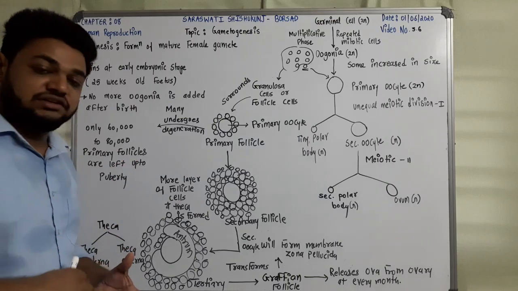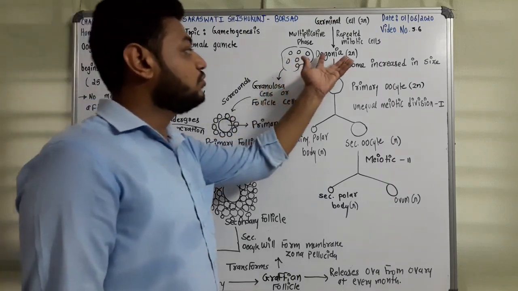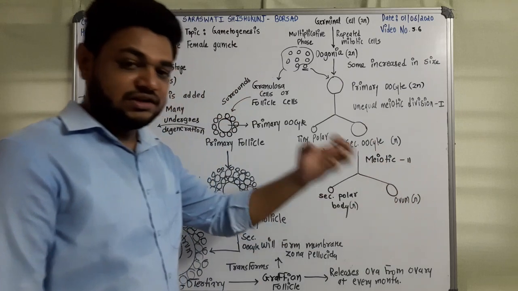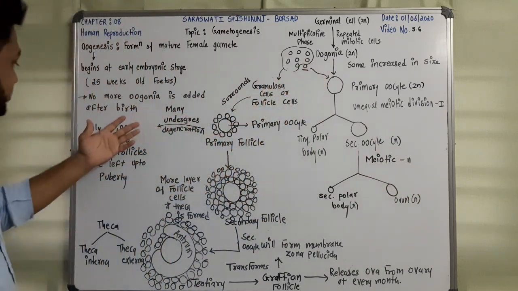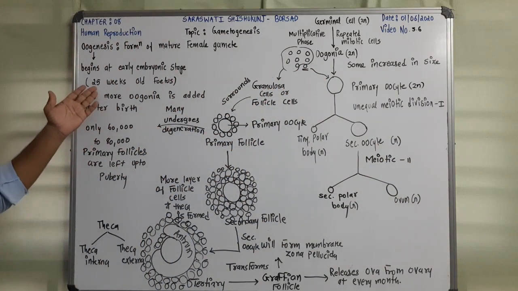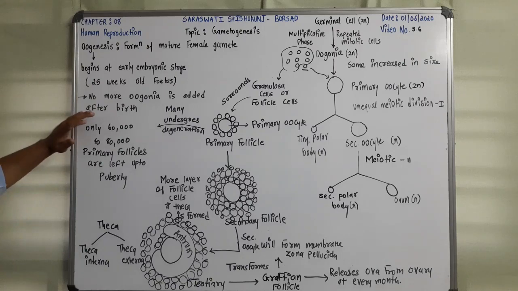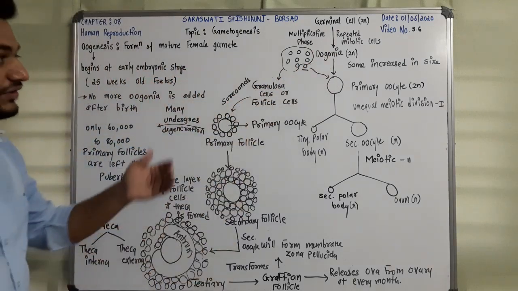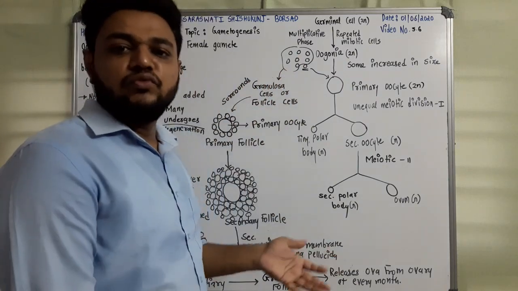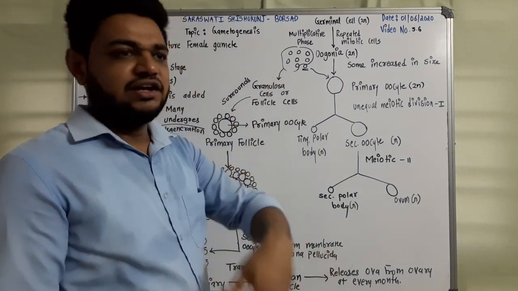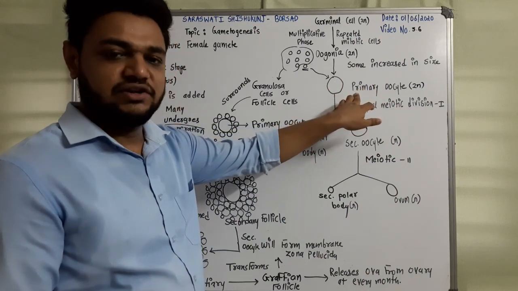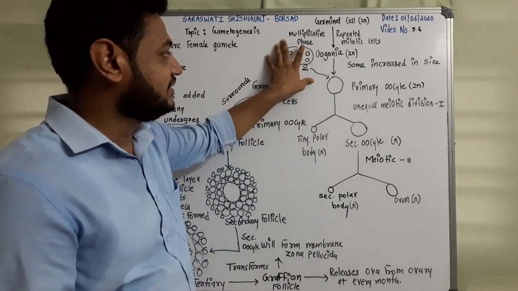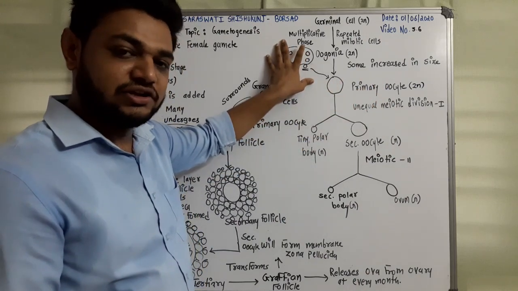As we have discussed it one by one, oogonia are formed at the starting stage, at the embryonic stage, when the fetus is up to 25 weeks old, right? These oogonia are also referred to as gamete mother cells. Out of these many oogonia, some increase in size, which are referred to as primary oocytes. Those which are left are referred to as follicle cells or granulosa cells.